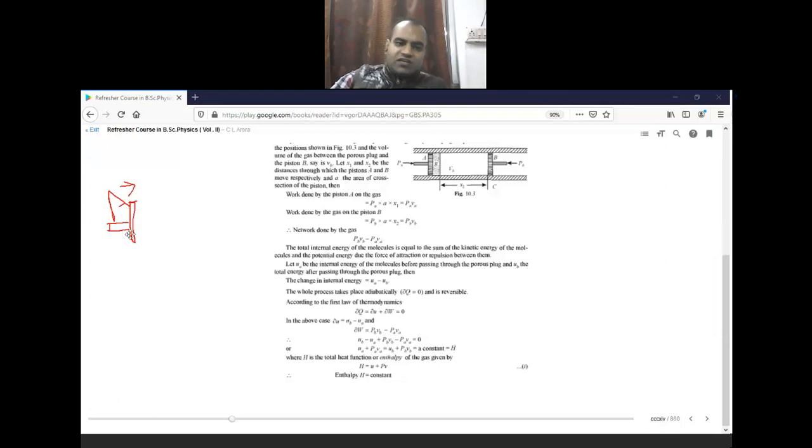This is the piston A, okay? The piston A is pushed towards the gas. Therefore, in this case, the piston will do work on the gas.